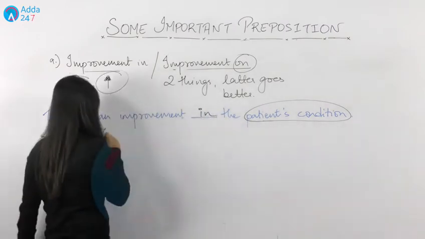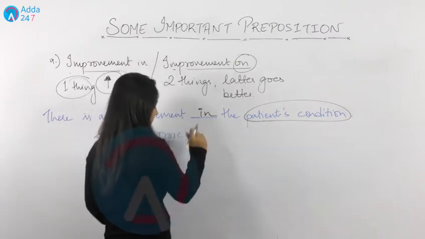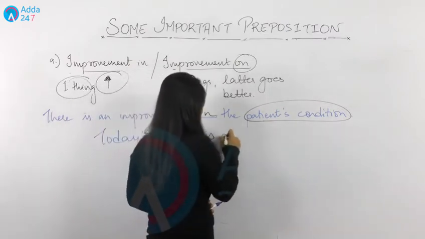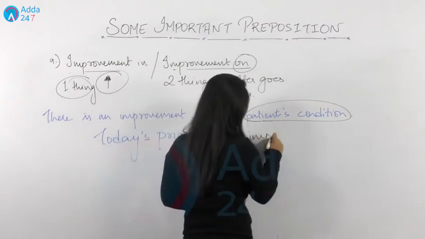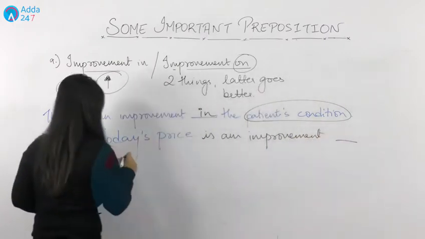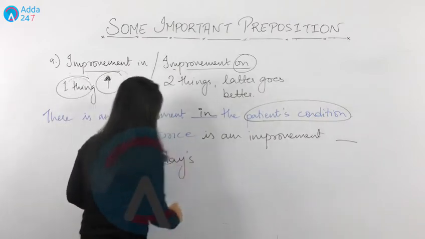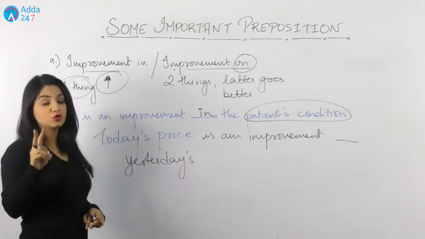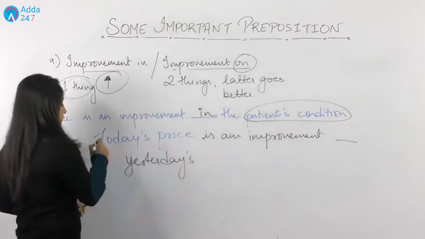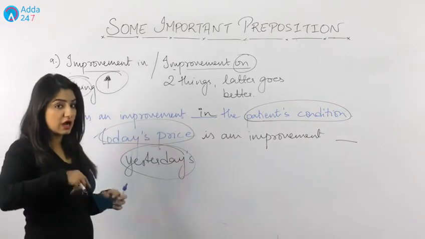But if I say today's price is an improvement dash yesterday's. Now here you can see we have 2 days price given. Today's price and yesterday's price. So what comes after?